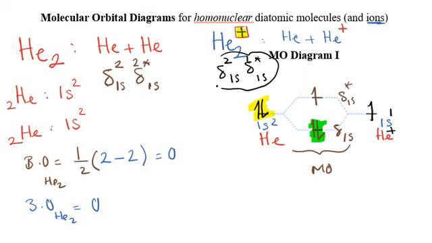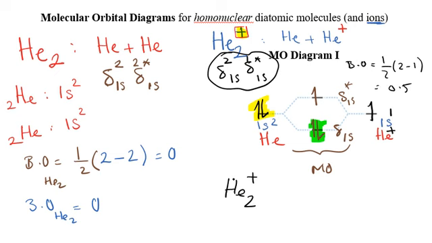The bond order has changed, and we are going to have 0.5. So definitely we do have He2 1 positive, it exists.